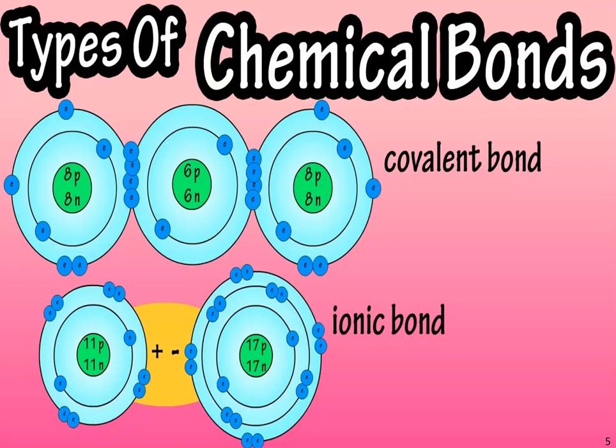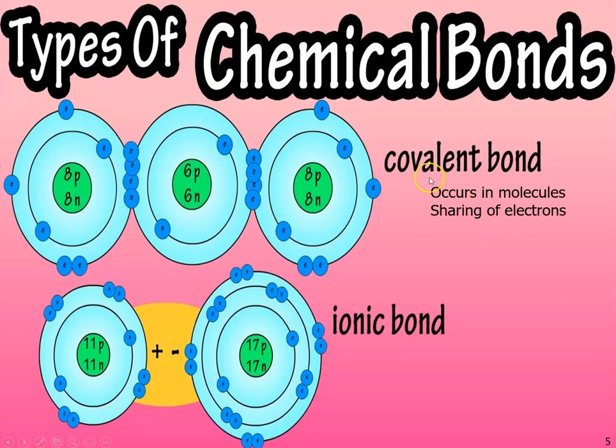I want to first introduce you to this idea of covalent bonds versus ionic bonds. Now, covalent bonds, you can kind of see in this figure where we have these different shells of electrons. The valence shells electrons are actually interacting with both of these different nuclei, so they're kind of overlapping.